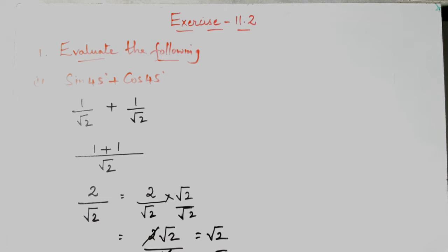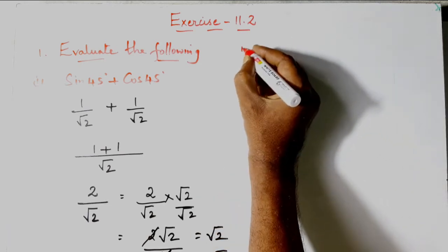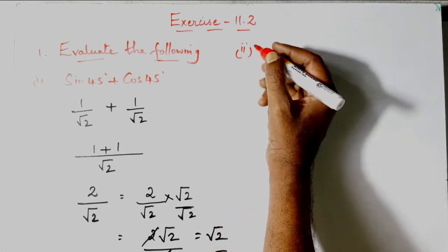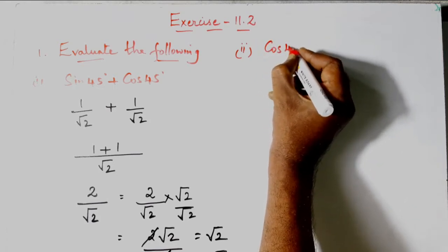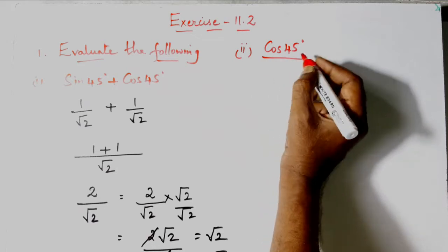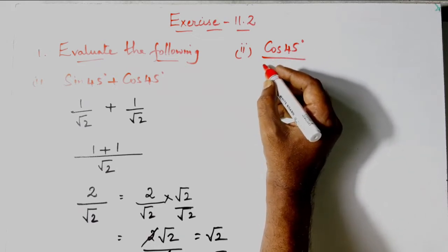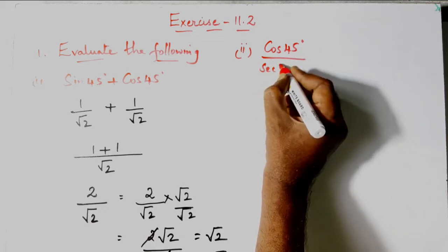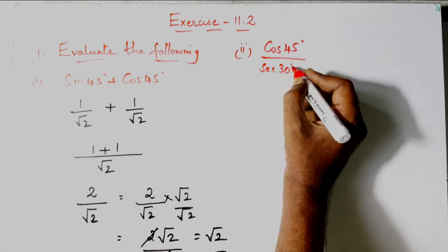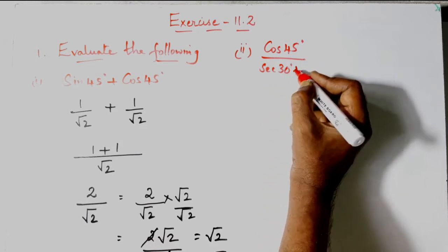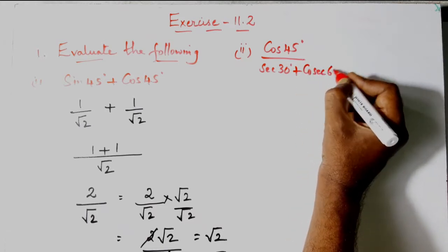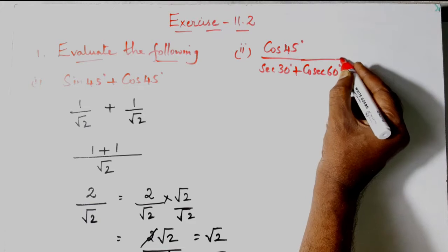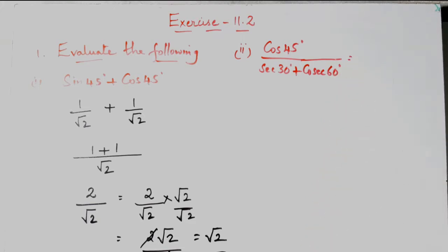Now let us move to the second problem. What is the second problem? Cos 45 by sec 30 degrees plus cosec 60 degrees. So we have to solve this problem.